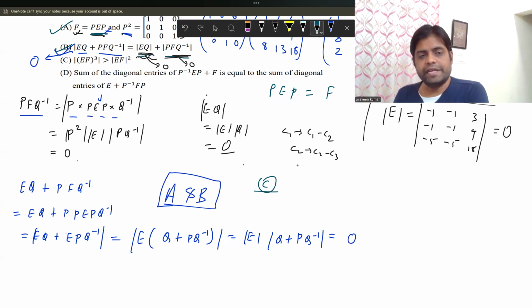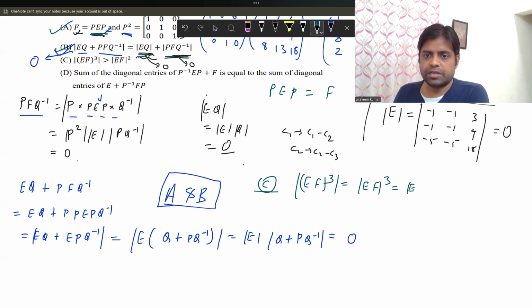Okay, so very clearly we know that this EF cube determinant is equal to determinant of E cube, determinant of F cube, and determinant E is 0. So EF cube on the left hand side, we have 0. Okay, what is on the right hand side? This is also 0.